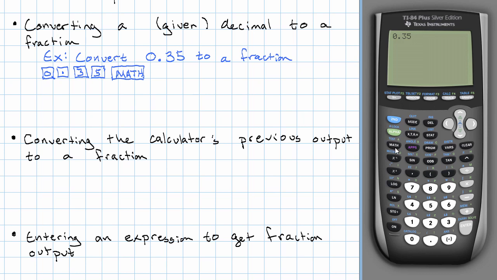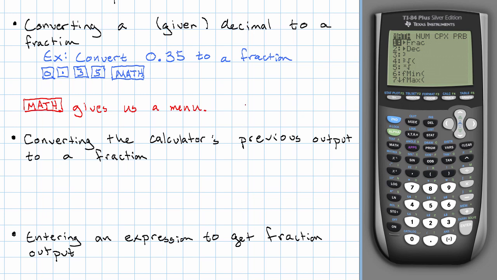Now the math key is one of several keys on our calculator that gives us a menu. Now you are welcome to explore this menu, and there are other things in here that we're going to use later on in the course.